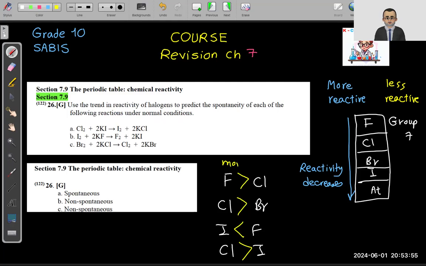So let's see which one is more reactive than the other one. And what happens in the reaction? Well, let's see the first one. There is always one sitting in its compound and one trying to kick it out. So again, which one kicks which from its compound? Let's try to make it in the form of a question. What displaces what? Instead of kicking out, the exam will say displaces, so it takes its place.